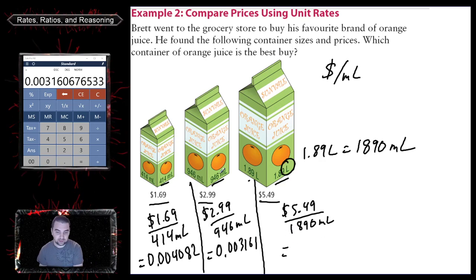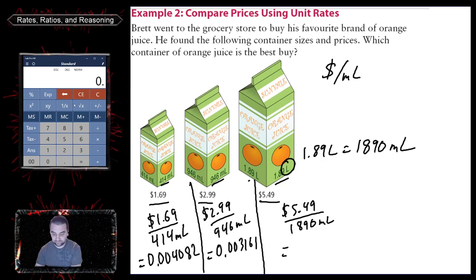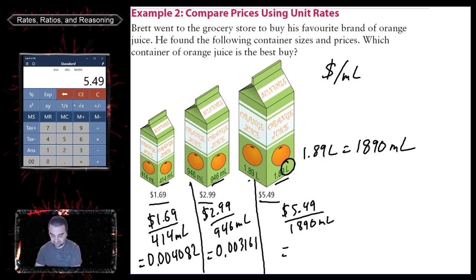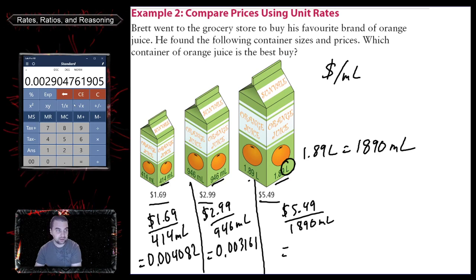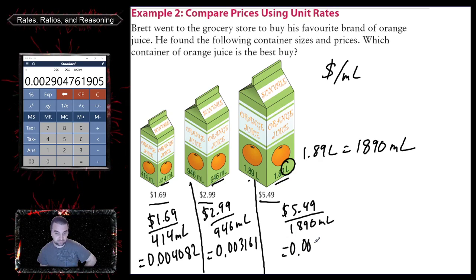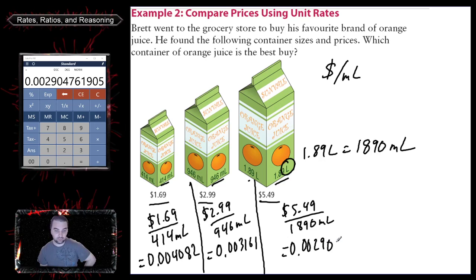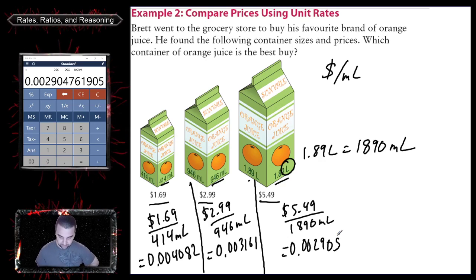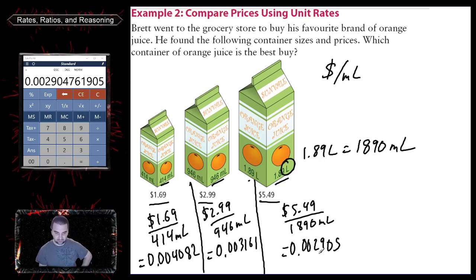All right, and the last we have $5.49 divided by 1890, and we get 0.002905.